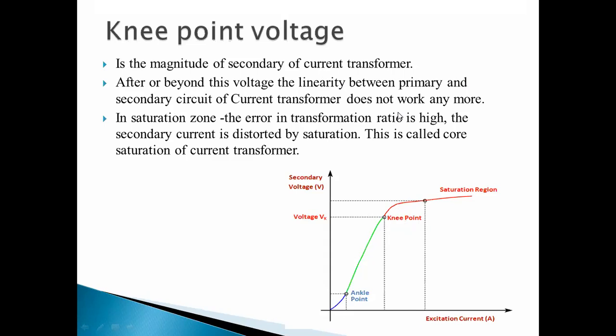There is actually a linear characteristic most of the time, for the normal working conditions at least. There is a normal operating characteristic, but it is a very rare condition that the knee point will occur. It is just like the saturation of your magnetic core.